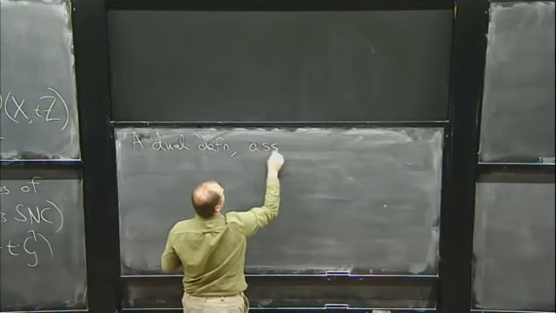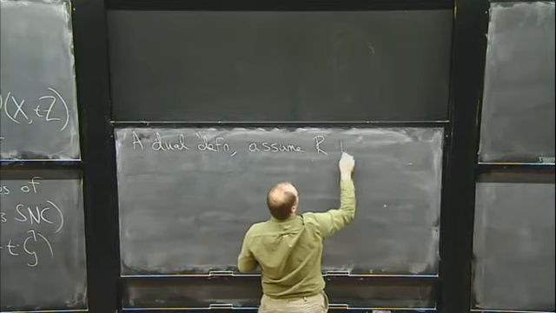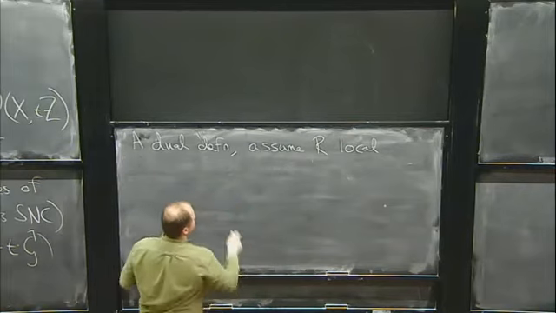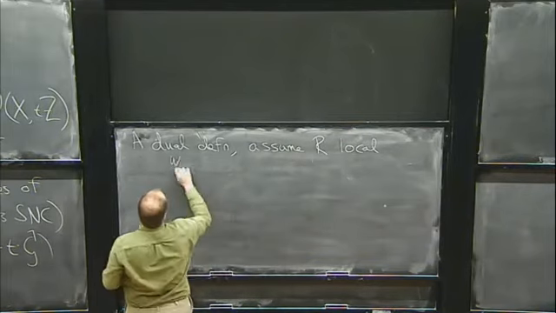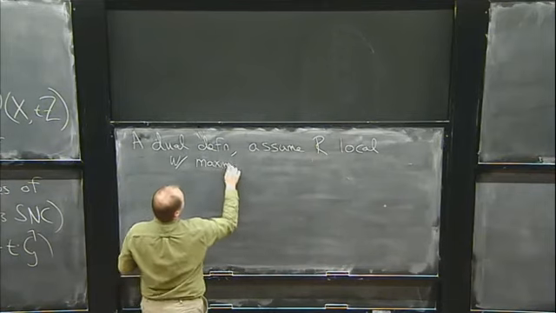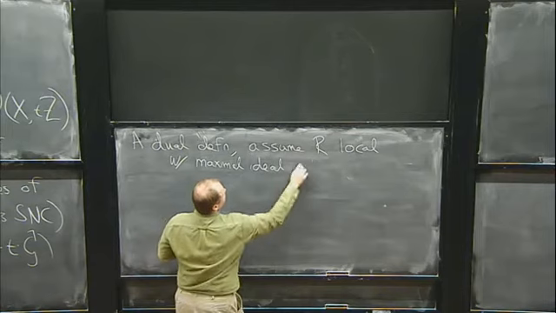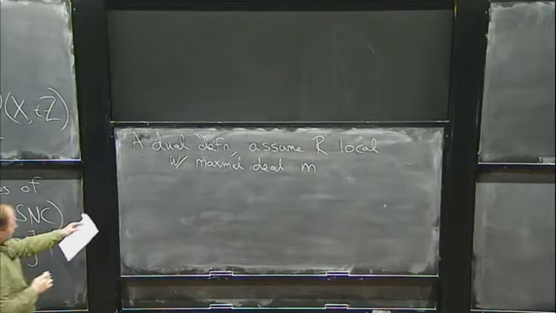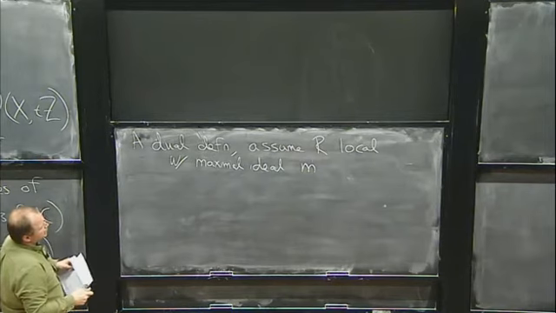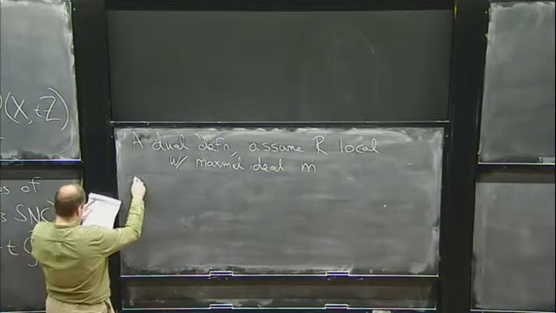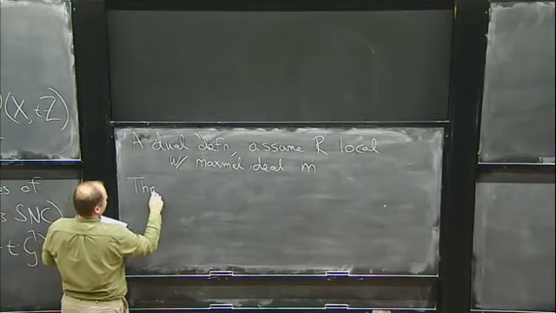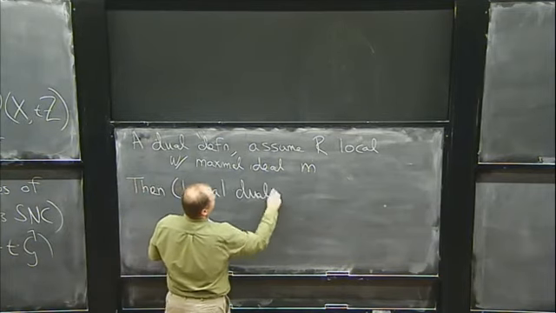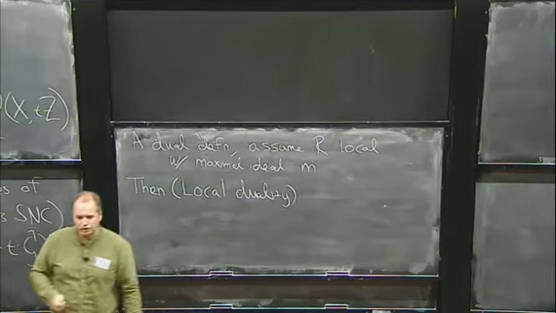So now let's assume R is local. So for example, localize this ring at the maximal ideal. Okay. And so then, so this is just local duality, which is kind of like Grothendieck duality, but with local cohomology.